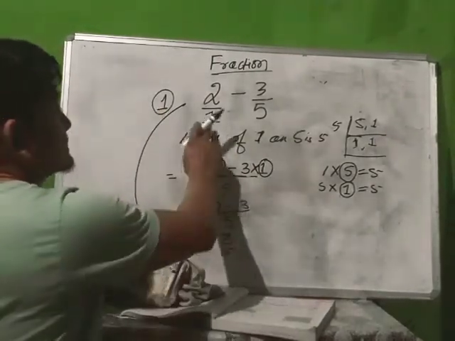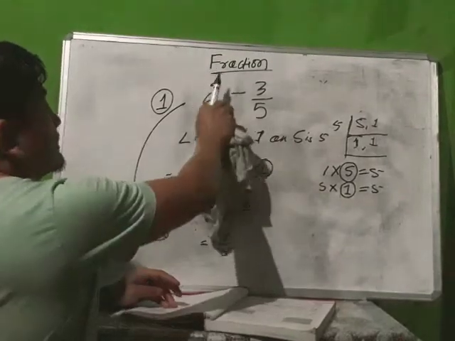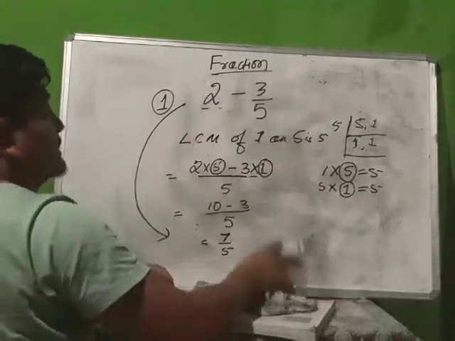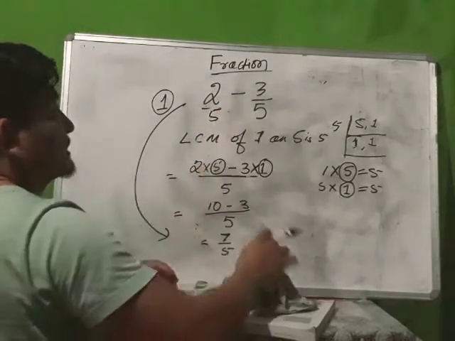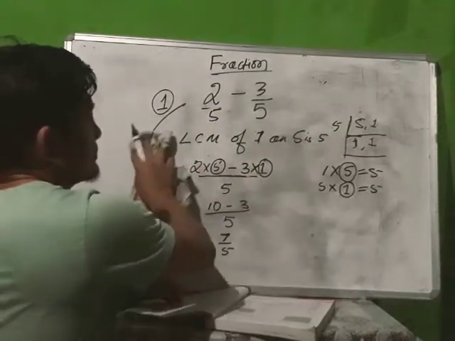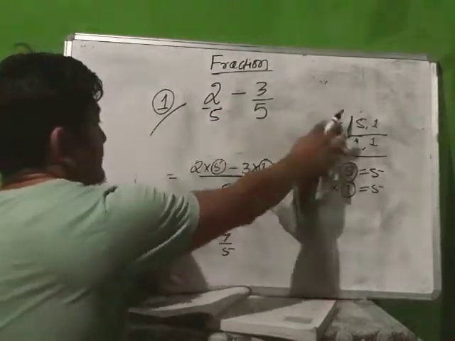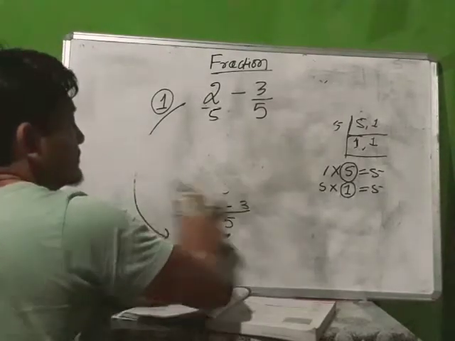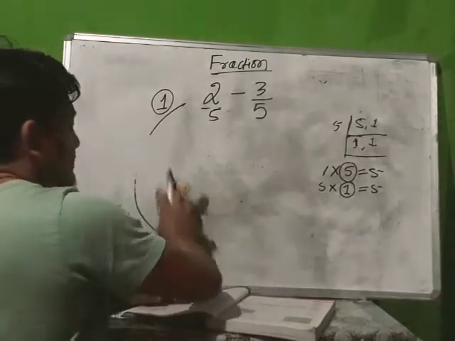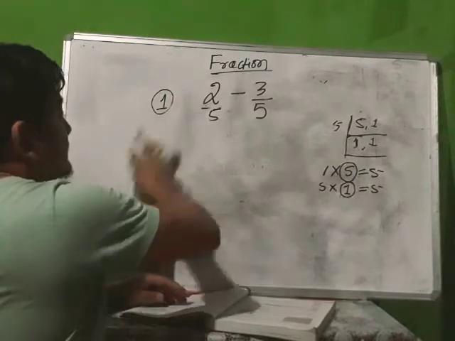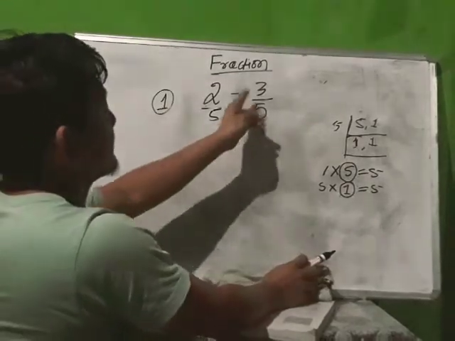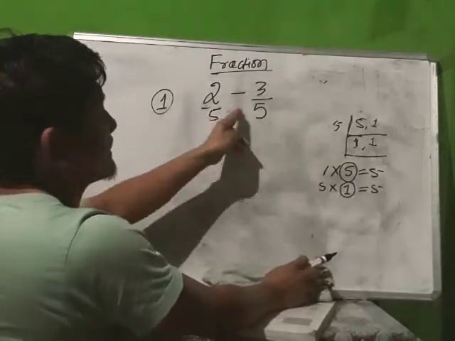If in case we replace 1 with 5 here, I'm changing the question here. So in this case, it is 2 by 5 minus 3 by 5.